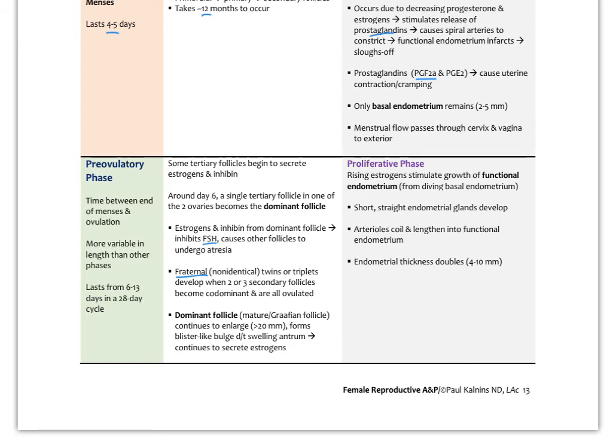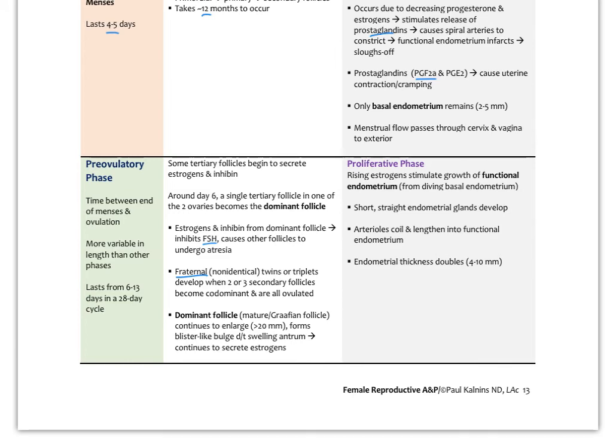What happens at this time in the uterus is that the estrogens are going to stimulate the growth of the functional endometrium, and this is known as the proliferative phase. That functional endometrium, remember, is coming from the dividing basal endometrium. As I showed a few slides back, these endometrial glands begin to develop. These are short and straight.